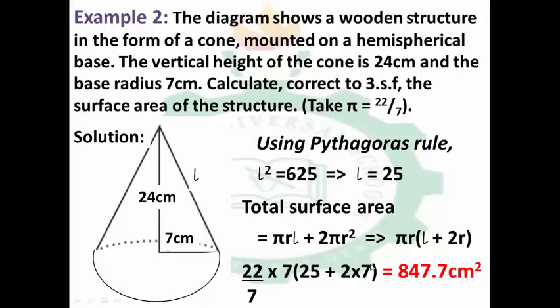Now substituting for pi, which is 22 over 7, times your radius, which is given as 7, then your slant height, which we got to be 25, plus 2r, 2 times 7. When you do this, you are going to have 847.7 centimeters square. Now to three significant figures, that is going to be 848 centimeters square.